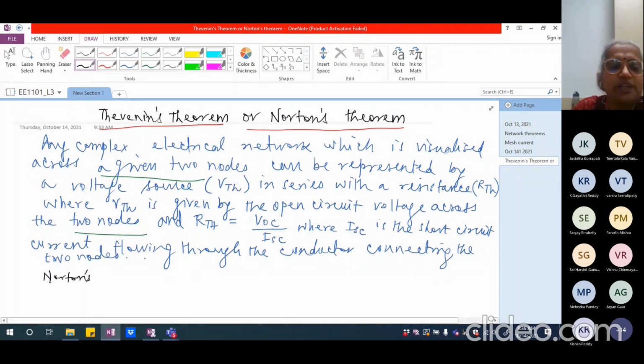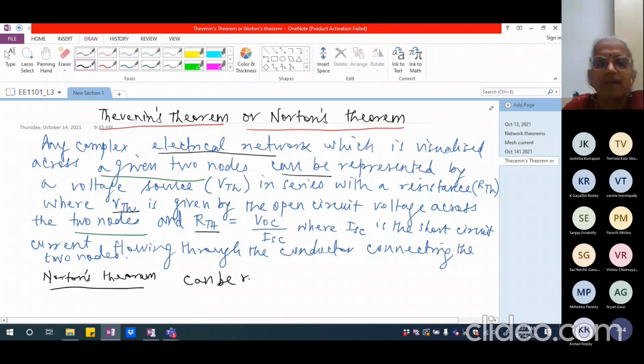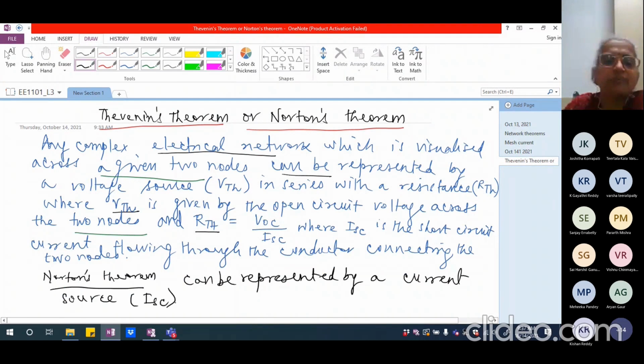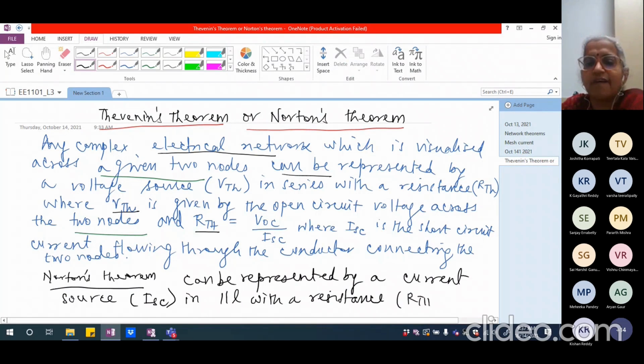Instead of representing this particular network as VTH in series with RTH, Norton's theorem says it can be represented by a current source, which is ISC, in parallel with a resistance, which I may call RTH.